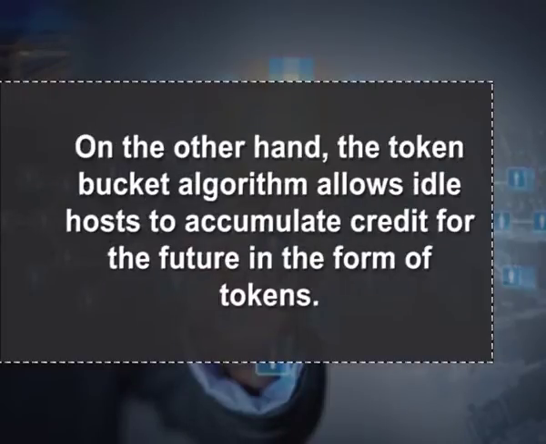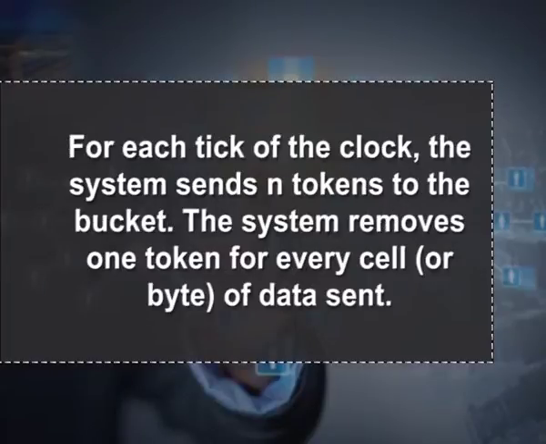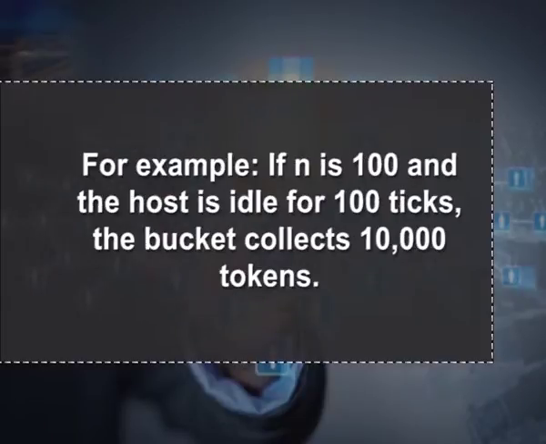On the other hand, the token bucket algorithm allows idle hosts to accumulate credit for the future in the form of tokens. For each tick of the clock, the system sends n tokens to the bucket. The system removes one token for every cell or byte of data sent. For example, if n is 100 and the host is idle for 100 ticks, the bucket collects 10,000 tokens.